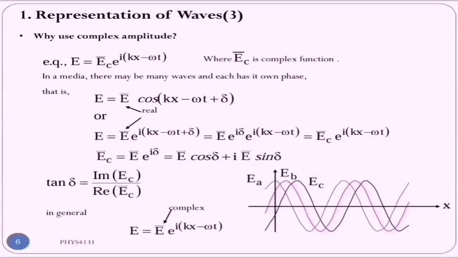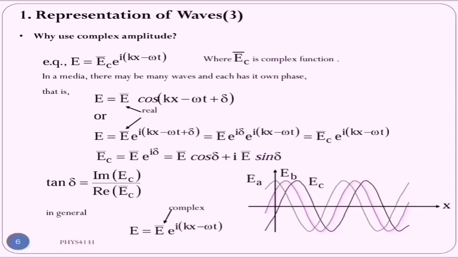Let's consider an oscillating quantity in the wave, say the electric field E. Since we have already chosen the phase of n to be 0, we must allow the electric field E to have a different phase, which we represent here as delta.